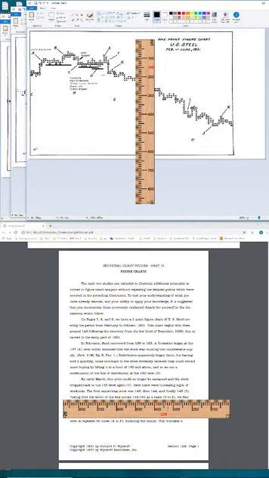You can clearly see the low supports from 46, I think this is, to 45 to 44. So these are increasing signs of weaknesses.